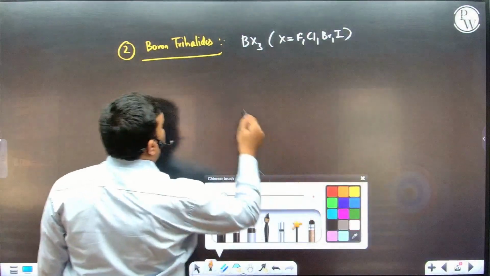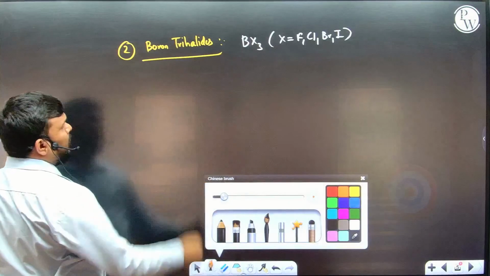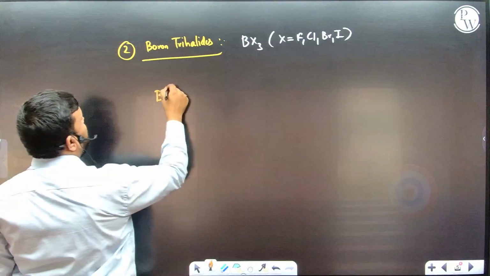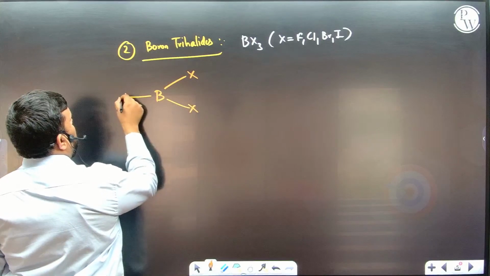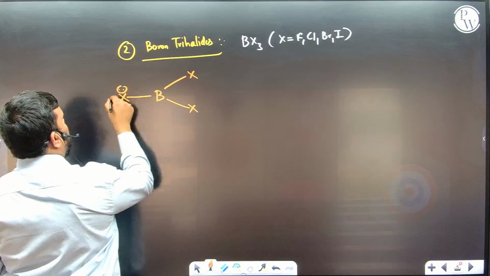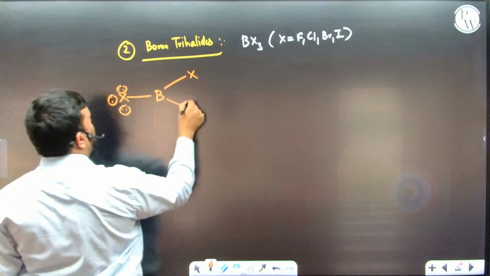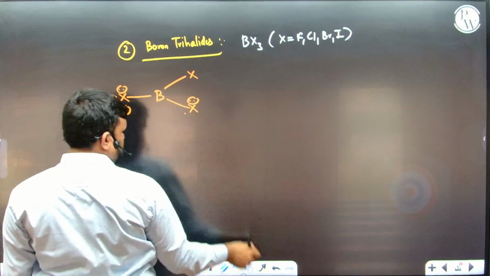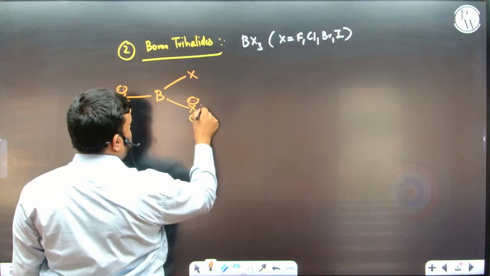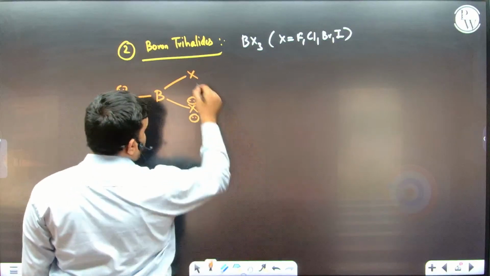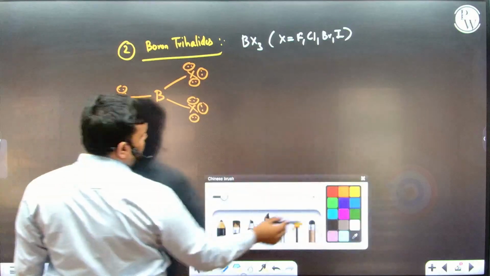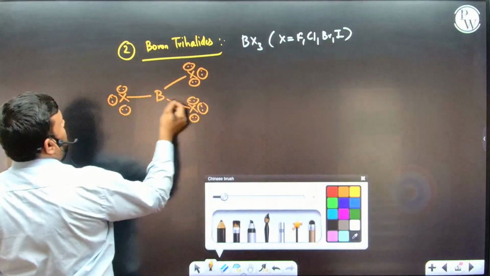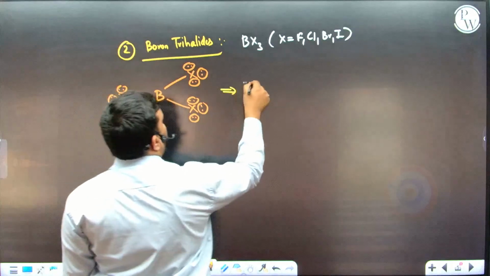So what will happen? Let us see the structure. BX3. You can see this is the boron trihalide. So we are having a trigonal planar shape over here.